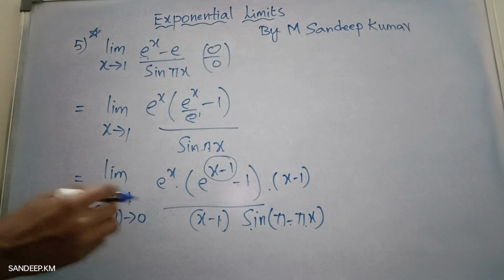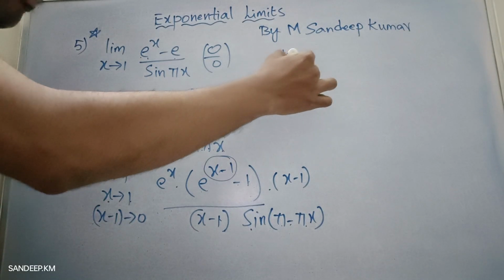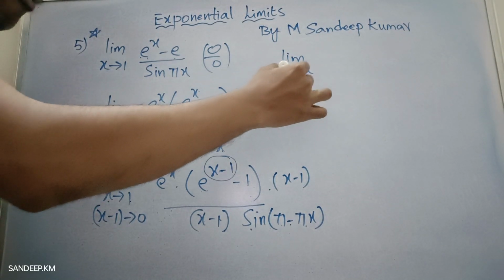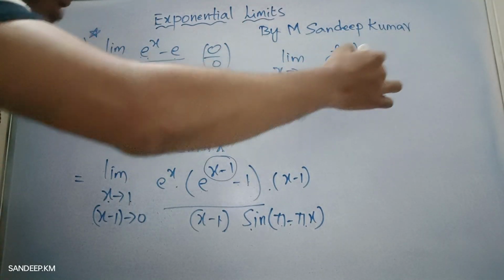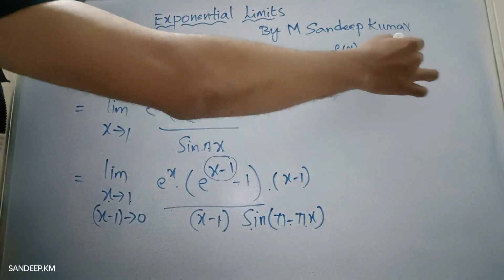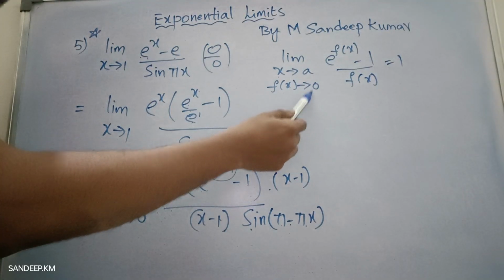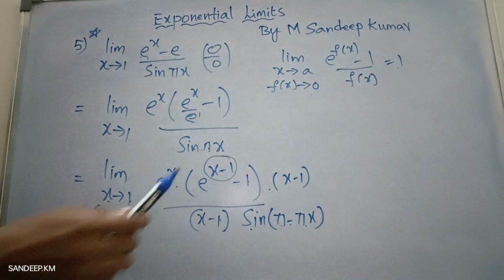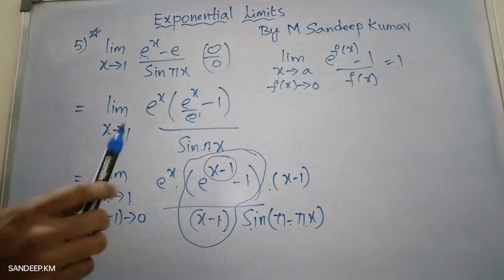Now dear students, we know that limit x approaches a, f of x approaches 0, e power f of x minus 1 by f of x is equal to 1. When x approaches a, if f of x is approaching 0, then this limit is 1. So for that reason, the value of this will be equal to 1. Okay, now.